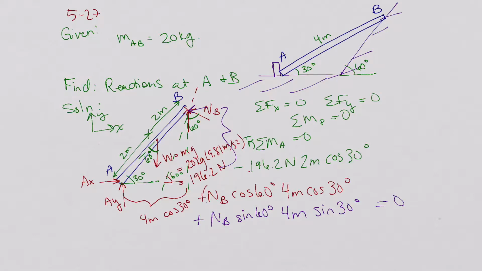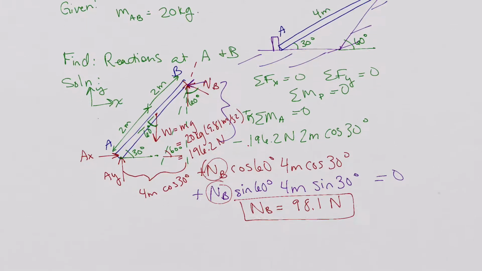We've just got basically one unknown, this NB. So I want to pause it and do a calculation. So I just multiplied it out, and I get NB equals 98.1 newtons. And that's in that direction that we already talked about.